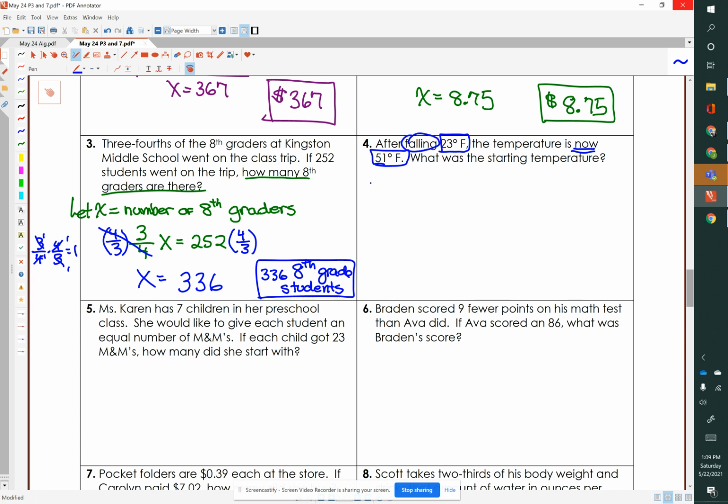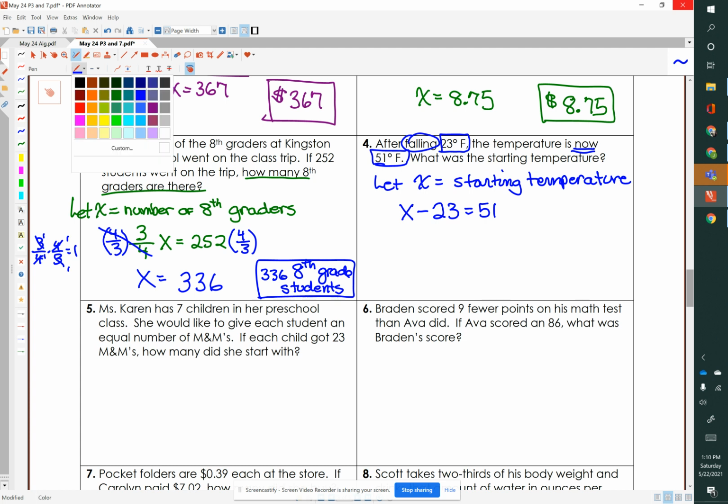So we're going to let x equal the starting temperature, first of all. So x, and then it fell 23 degrees, minus 23 equals the current temperature, which is 51.